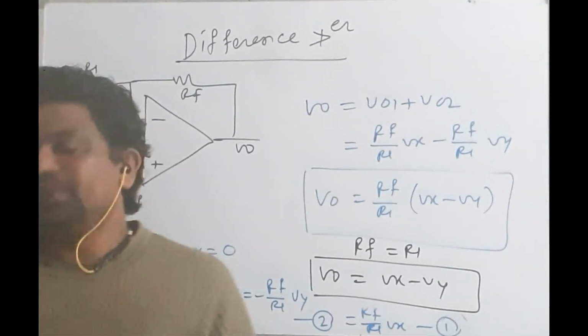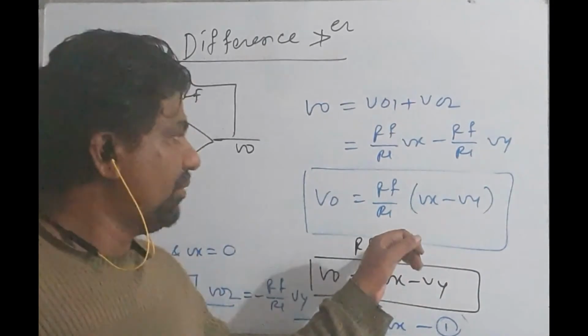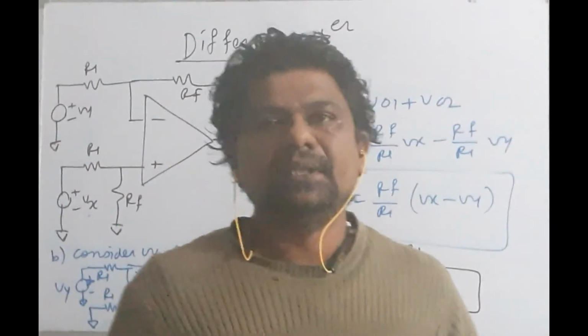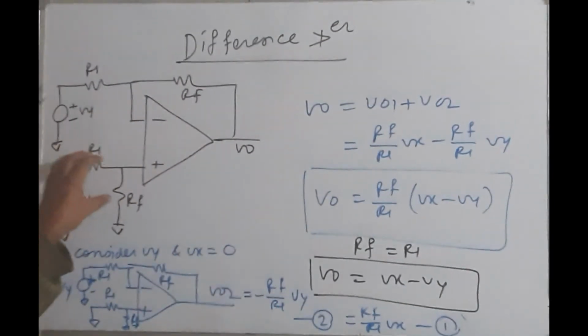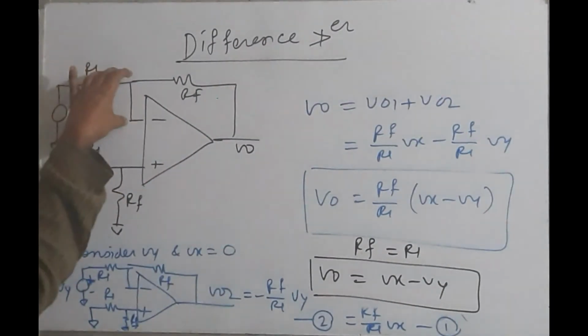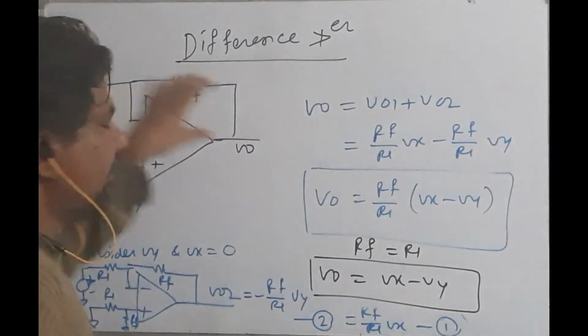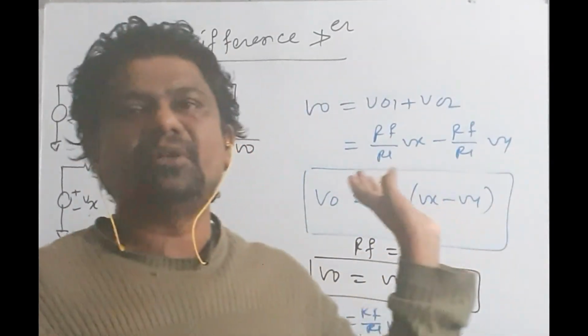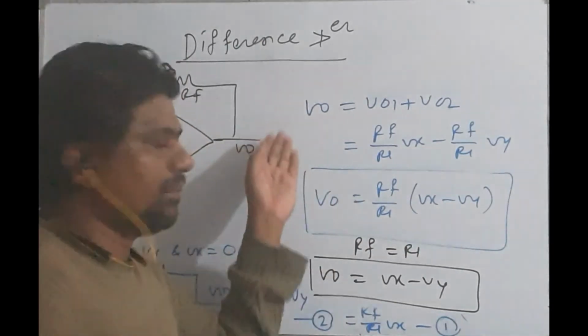What you need to do to get a good score in competitive examinations is this: a 1 mark or 2 marks question will come, and they will add some circuit at this input, correct? So you need to think about how the operational amplifier is used, and as the name itself indicates, it performs operations.